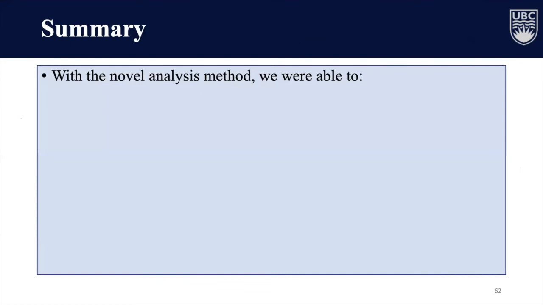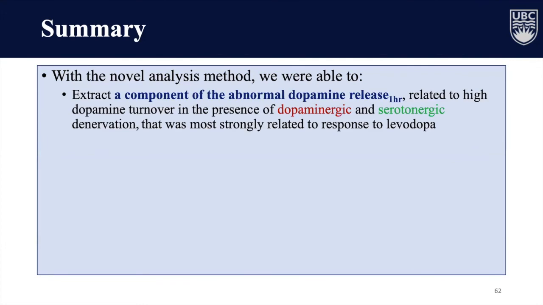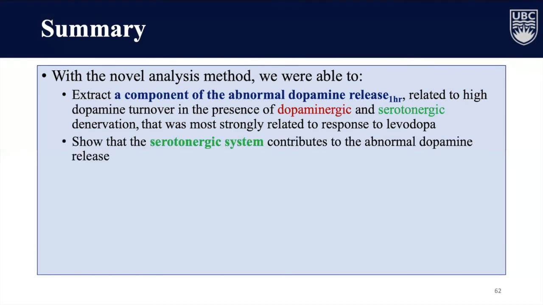So with the proposed novel analysis method, we were able to extract a component of an abnormal dopamine release related to high dopamine turnover in the presence of both dopaminergic and serotonergic denervation, and it was most strongly related to response to levodopa. And we showed that the serotonergic system contributes to abnormal dopamine release.